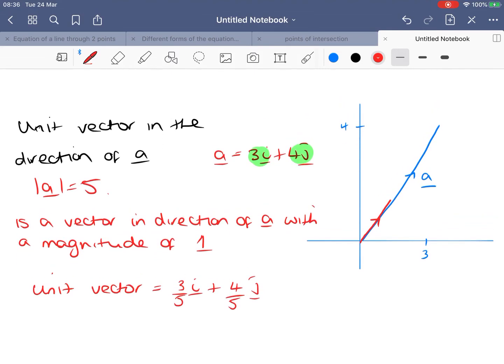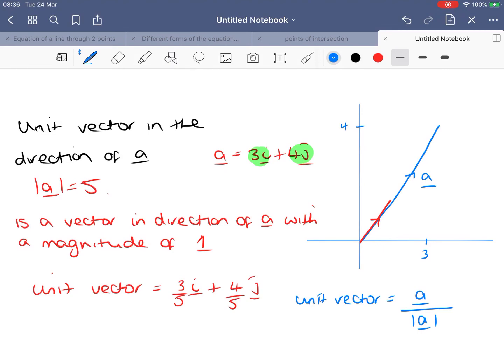And in a general case, the best way to say it is that the unit vector is equal to the vector itself divided by the magnitude of the vector. So you take each of the terms in the vector and divide it by the magnitude of the vector.